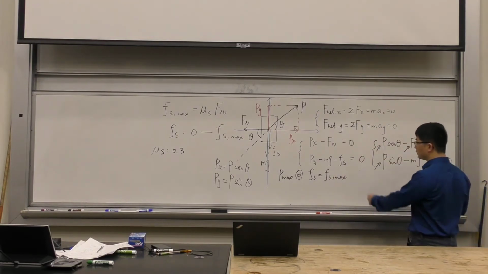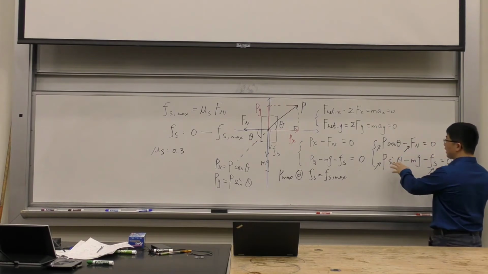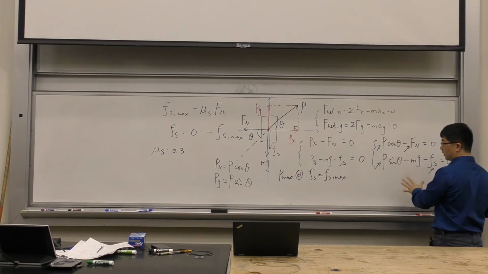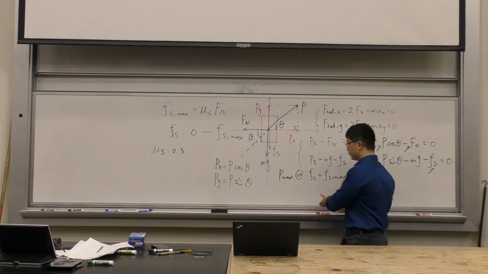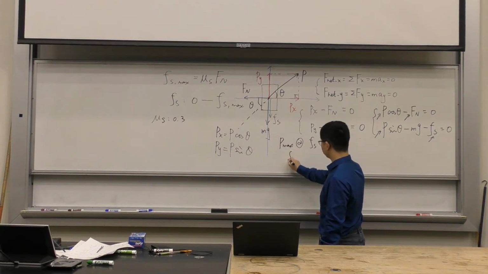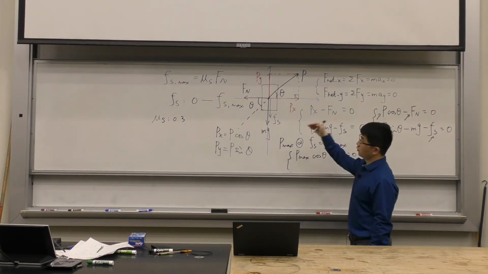Okay, so now I can use this value to plug it into these two equations and then find the P max, right? Because these two equations are still satisfied at the critical point. So now for P max, we would have this. When P has reached a max, the first equation is still true. It's not going to change because the normal force can still increase.